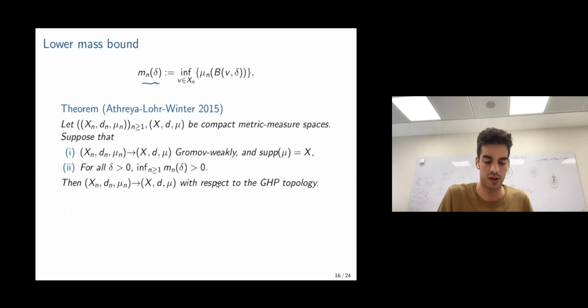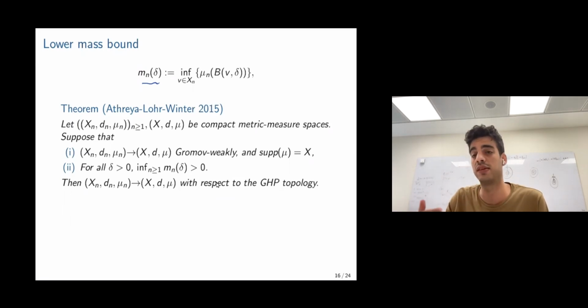So we simply go over all elements in the metric space. We look at the delta balls. We look at the measure that is assigned to them, and we take the infimum of this one. And we want the infimum to be strictly larger than 0. But not only that, we also want that the infimum over n of this m and delta to be strictly larger than 0. And the reason for that is if this does not happen, then we can find a sequence of delta radius balls along the sequence of metric spaces with mass tending to 0.